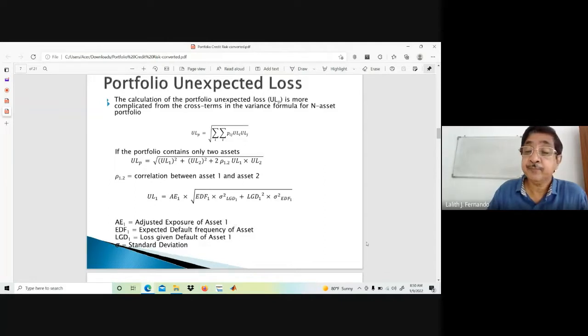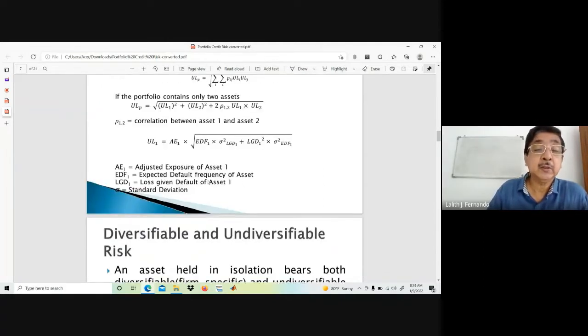The terms are explained as adjusted exposure AE, EDF as expected default frequency, LGD as loss given default of asset 1, and the standard deviation as sigma.